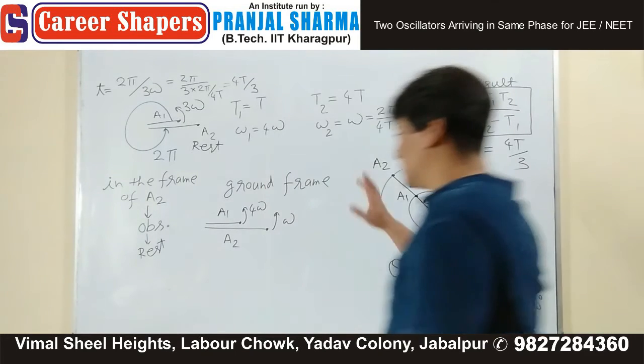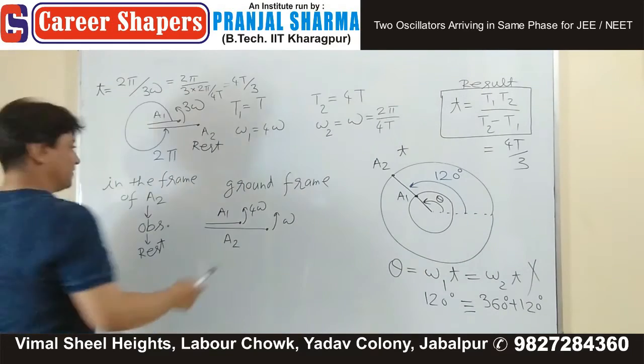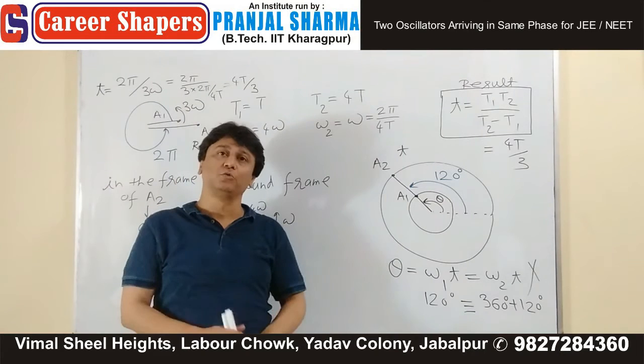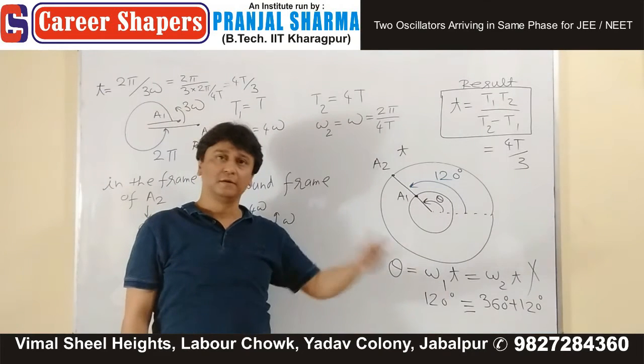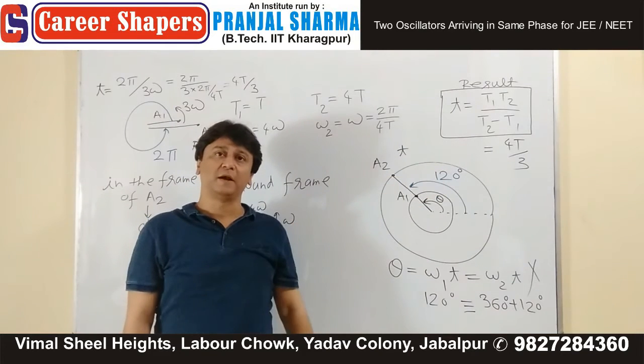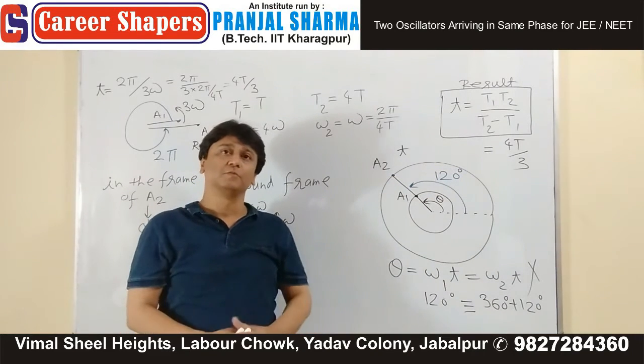Look, it's a very easy question I have given you. Forget about simple harmonic motion. I'm asking you that you have the speed and you have the time. Can you find the displacement? That's what I'm asking you.